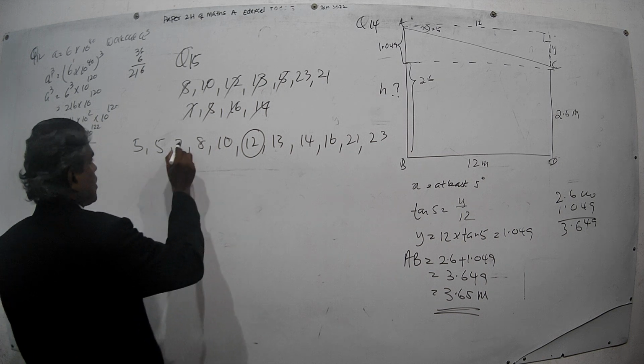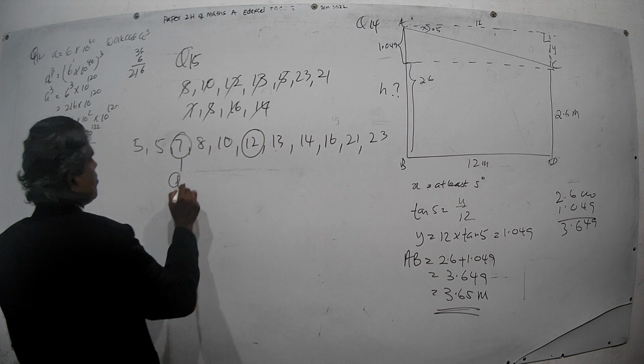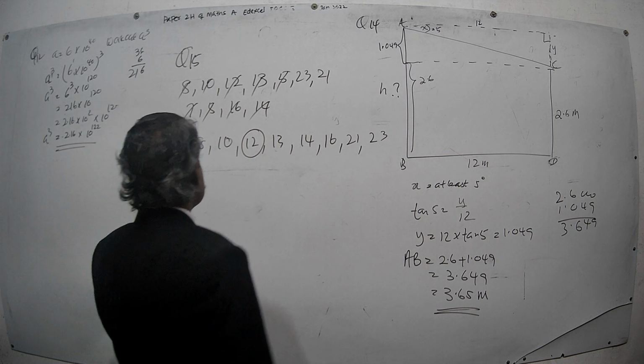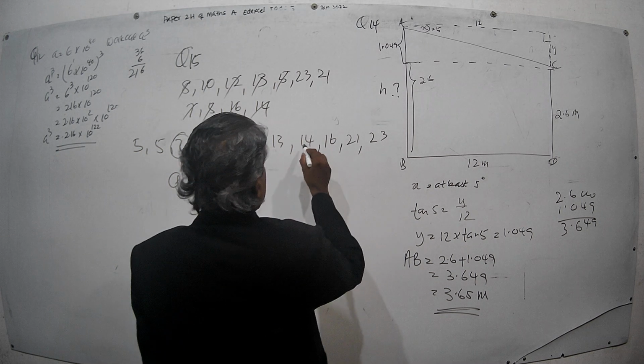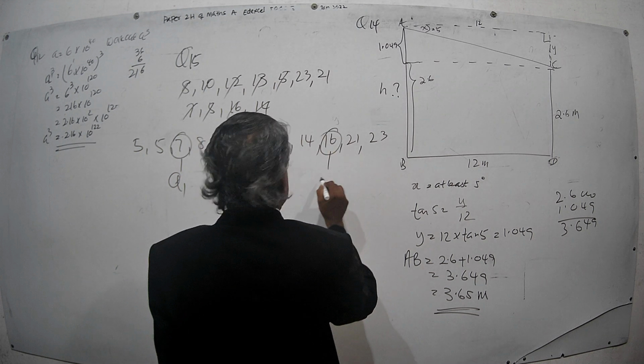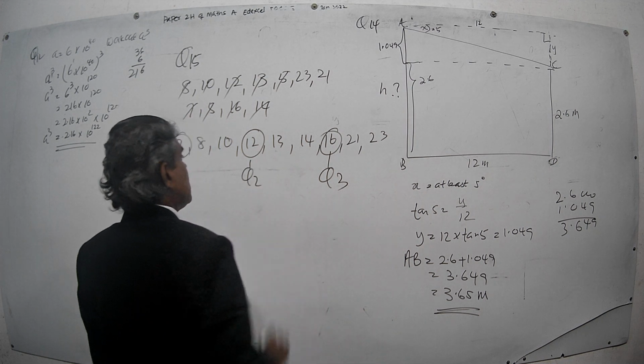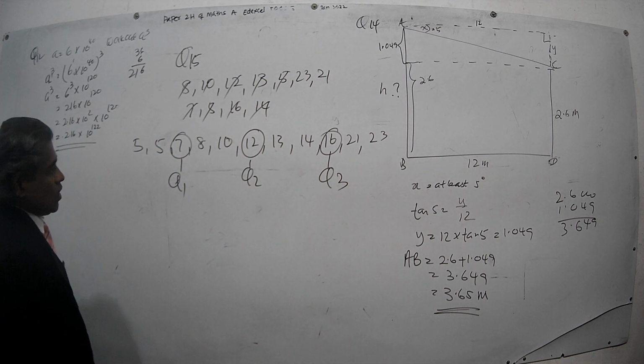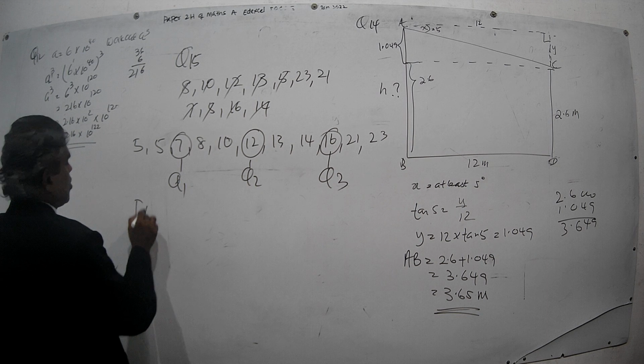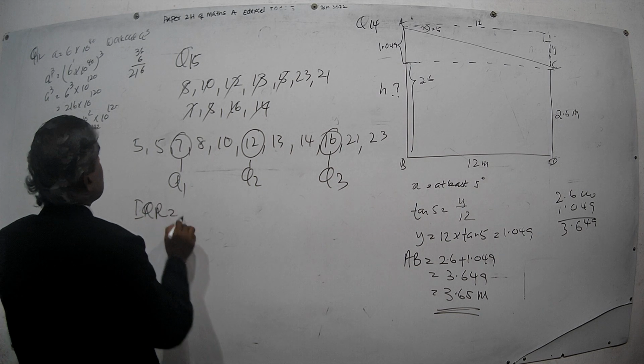The median of the first half is the first quartile, Q1. The median of the second half is Q3. The middle value is called Q2, the median.